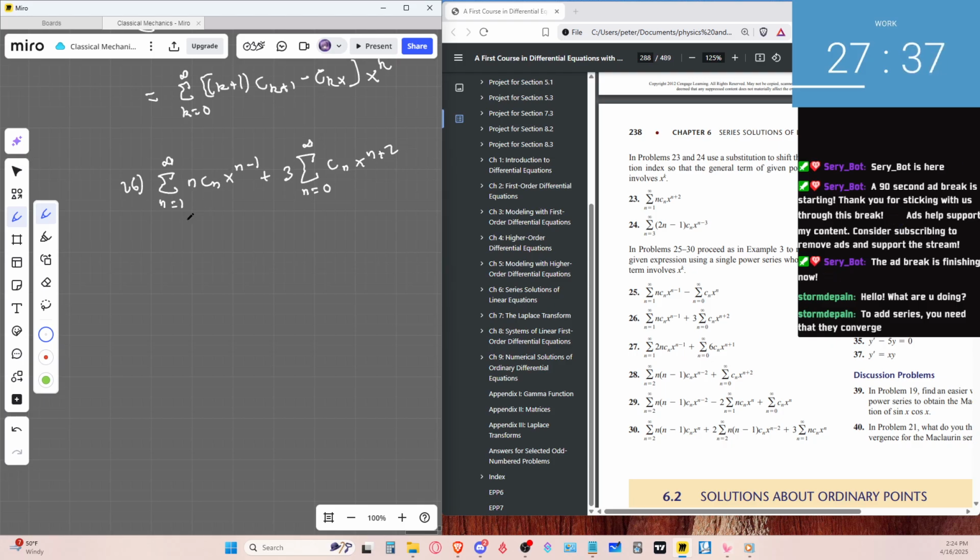So in this case, we're going to have to play with k a bit. n minus 1, so n is going to equal k plus 1, and this one k plus 2, or k is equal n minus 2.